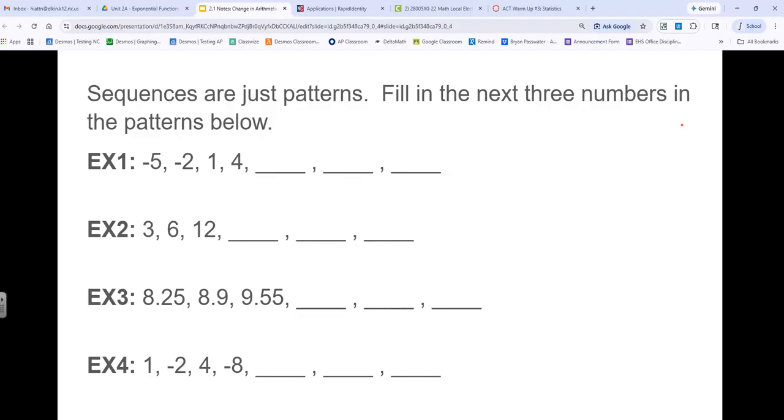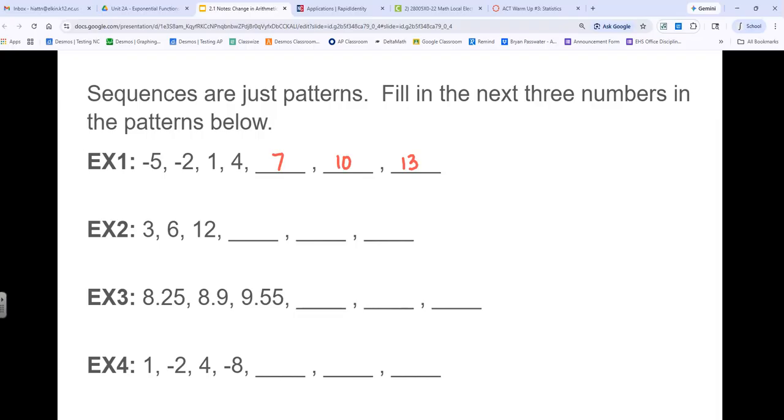They're just patterns. So if I have -3, -2, 1, 4, what's the next number going to be? 7. Then 10, and then 13, right? My sequence is just that I'm adding 3 each time.